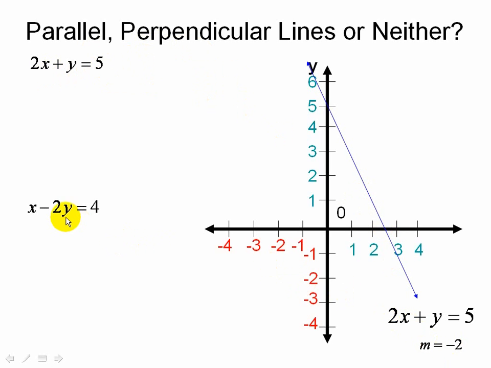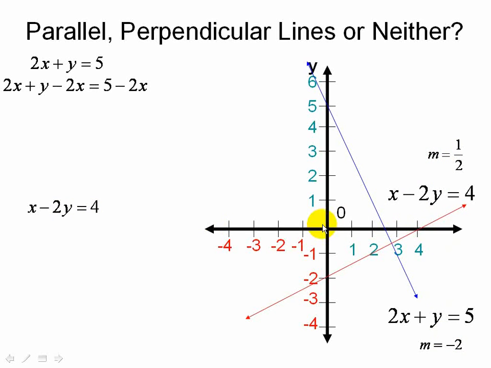We have another line, x minus 2y equal 4, and we have a slope of 1/2. So here we have a positive slope of 1/2 and a slope of negative 2. And note their product is equal to negative 1, so we can say that they're perpendicular.